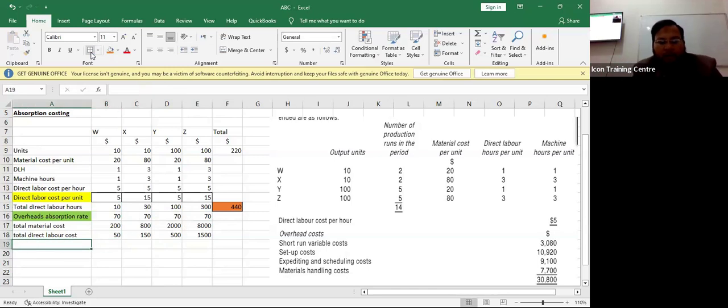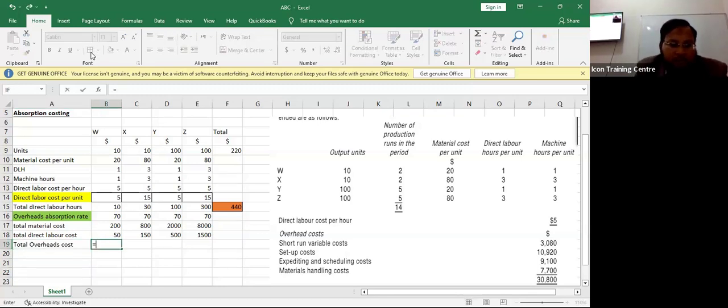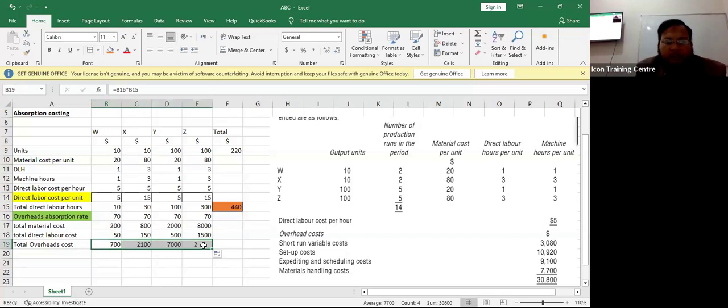Now if we calculate here the total overhead cost, how many direct labor hours do we work here? 10, right? Multiply by 10. So we need to consider only these three because these three are the main components.